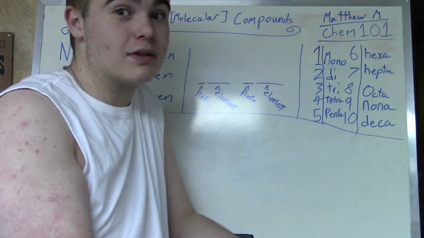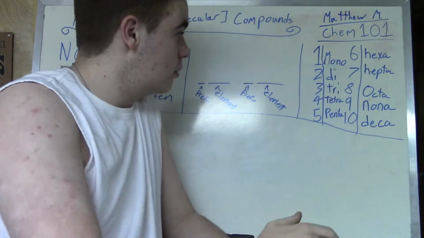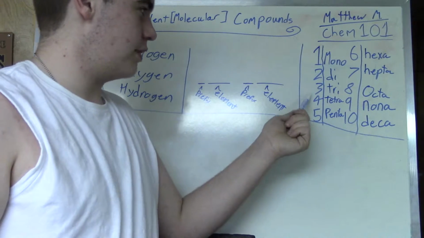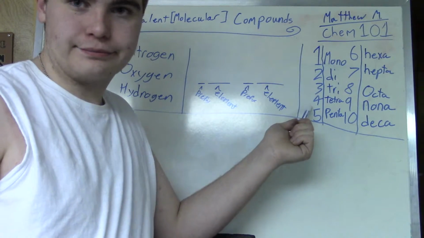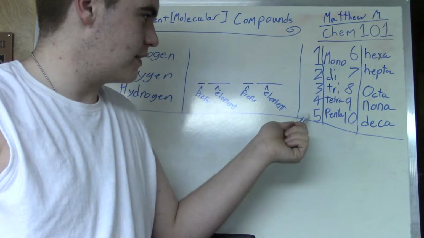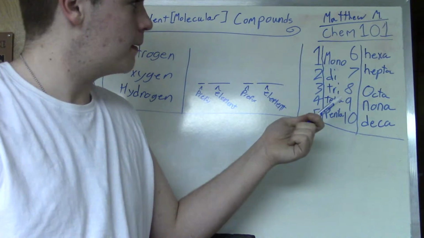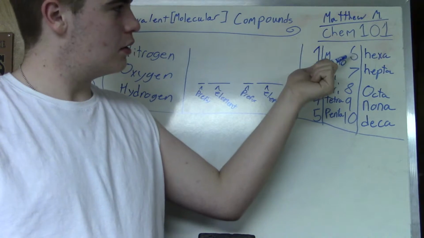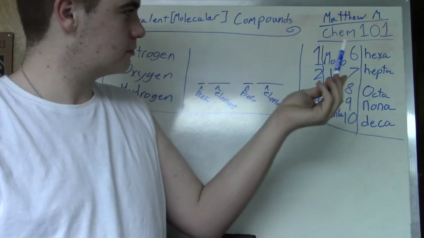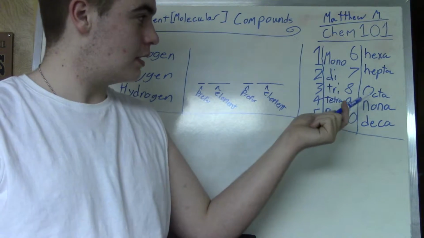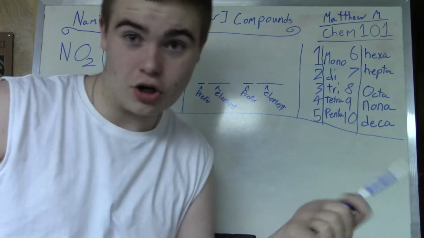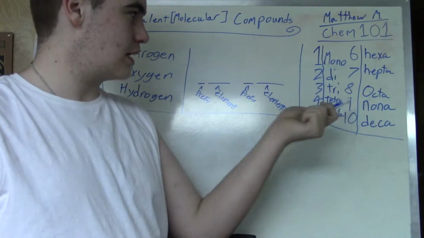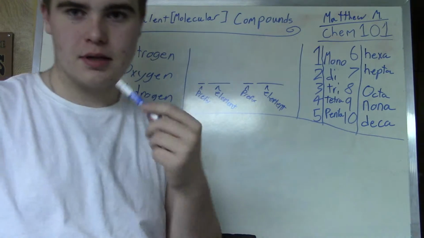I don't know if that even means anything. But then there's 3, so 3 is tri, 4 is tetra, 5 is penta, pentagon. 6 is hexa, or hexagon. 7 is hepta. 8 is octa, or octagon, octopus. 9 is nona. 10 is deca.